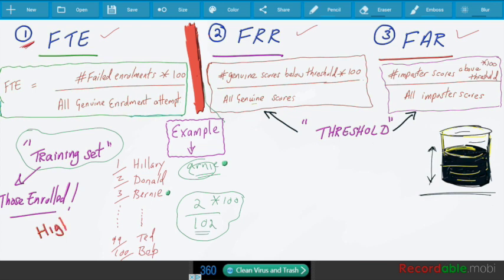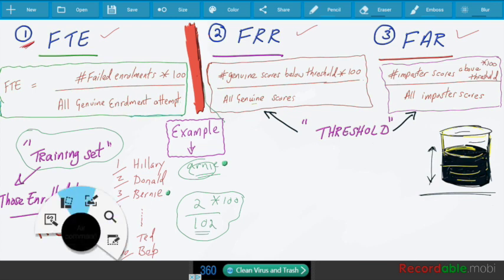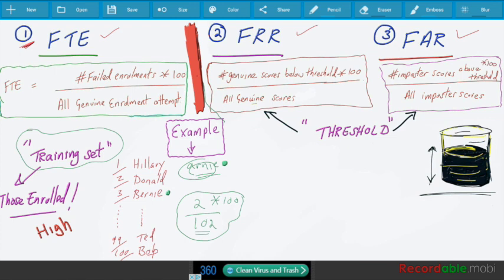Even if it's set high, what you're saying is that your standard for enrollments is that you only want good quality sample biometrics to be considered proper enrollments. So these 2 situations probably weren't up to that standard.